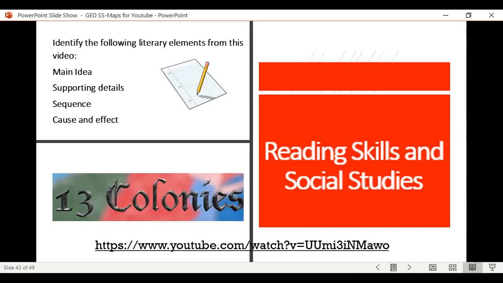Now in social studies, we're going to be talking more about the foundation of the states, or the colonies, and how this all worked together in forming the beginning of our country.